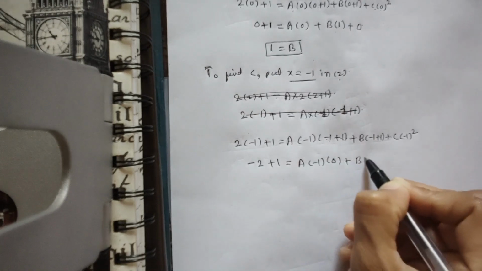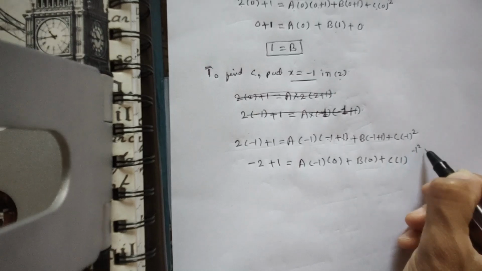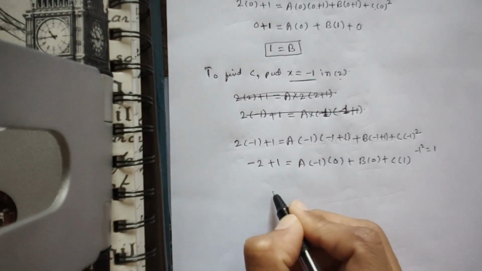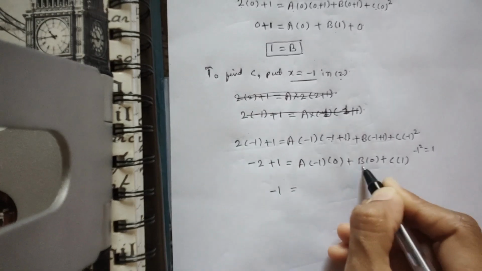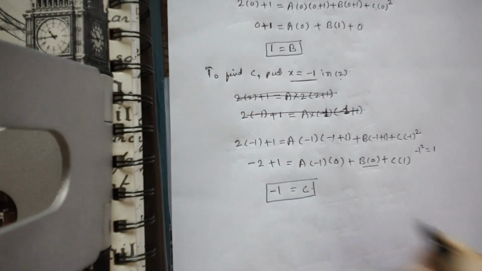This also becomes 0 plus c into 1, because minus 1 square is 1. So, minus 1 equal to, this becomes 0, this becomes 0, c. So, c I get minus 1.